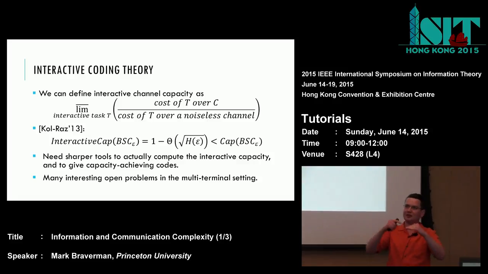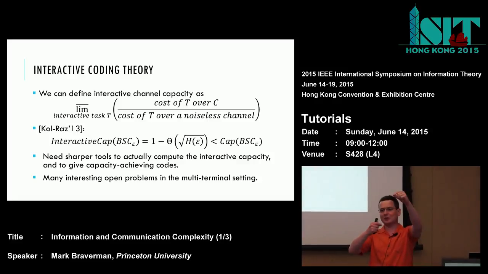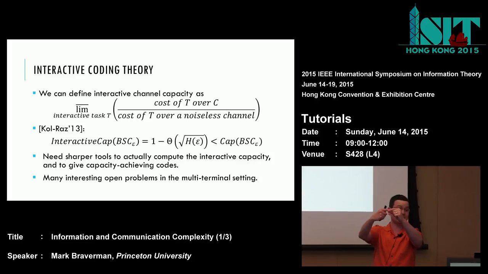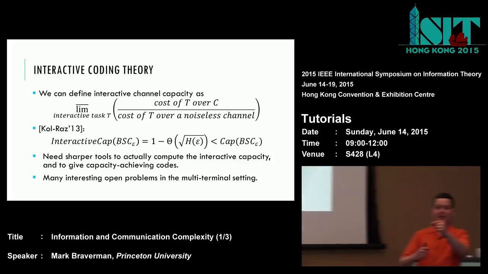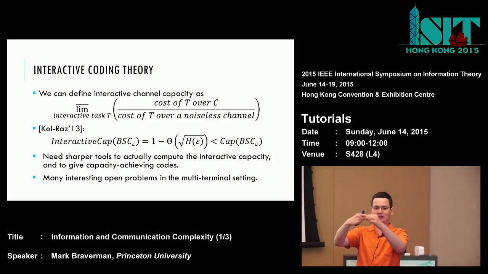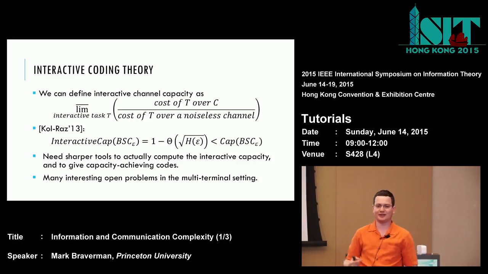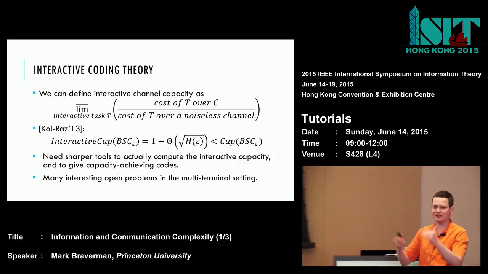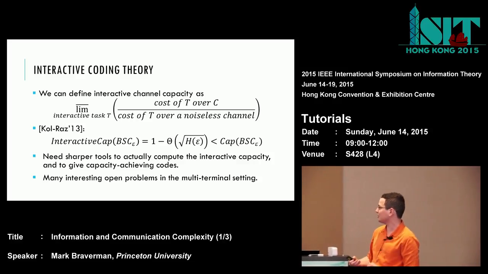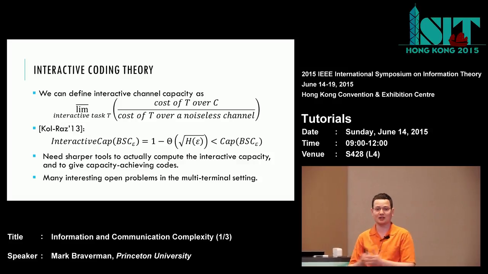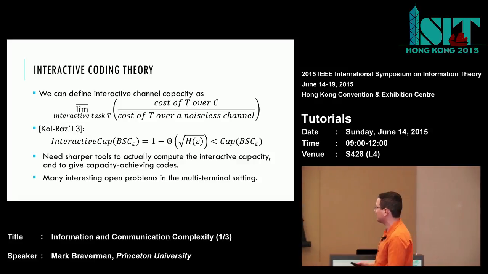Here, because it's interactive, every time you make a mistake, everything that happened after the mistake is invalid. We are doing something wrong, so we have to roll back. And if you don't check frequently enough, you'll have to roll back a lot, and everything since the last checkpoint is a waste. So these two concerns are optimized around square root of h of epsilon, and that's how you get this channel capacity.